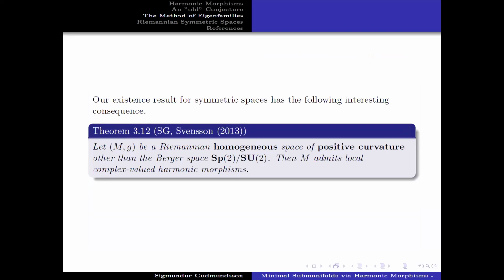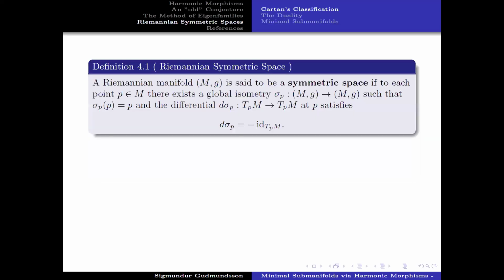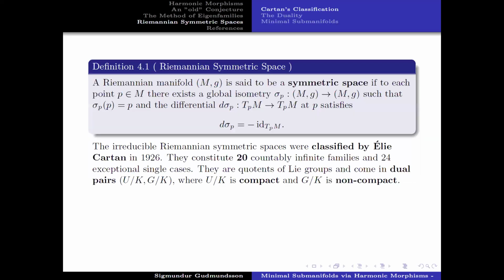Now, our existing result for symmetric spaces is the following. Okay, so we were able to show this. We have no idea how to solve it in SP2, SU2. So, as most of you will know, the irreducible Riemannian symmetric spaces were classified by Elie Cartan.